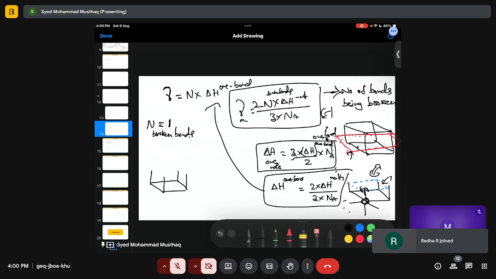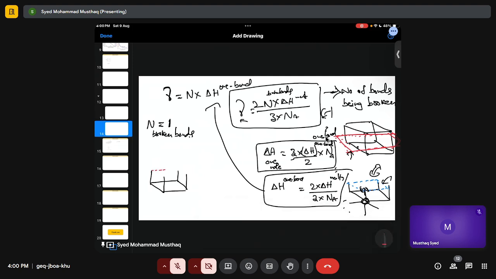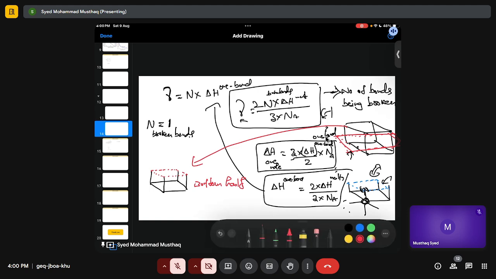Now let's take it. This plane has been broken. So my simple cubic, which is this guy, is cut in half. So this is my bottom half. Now if I take even an atom above or below, it will not change much, right? Let's talk about this blue atom, which is the main focus here.